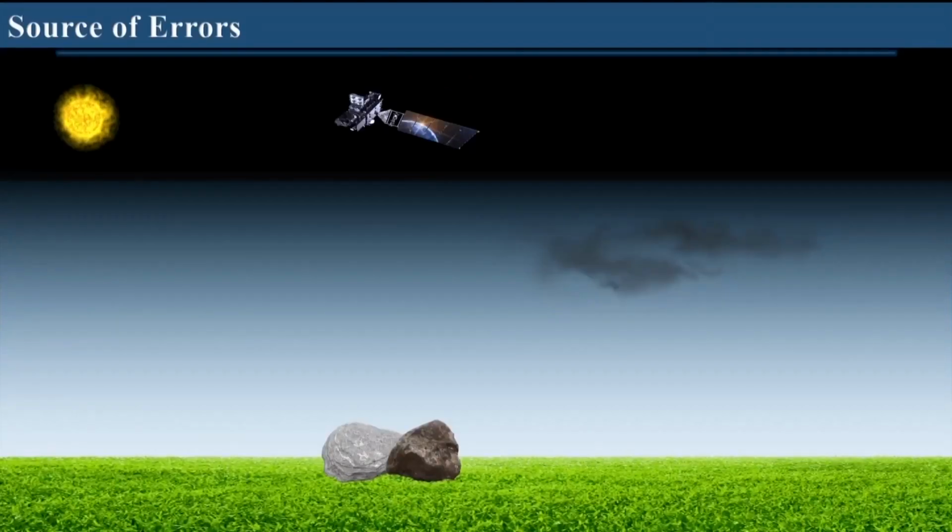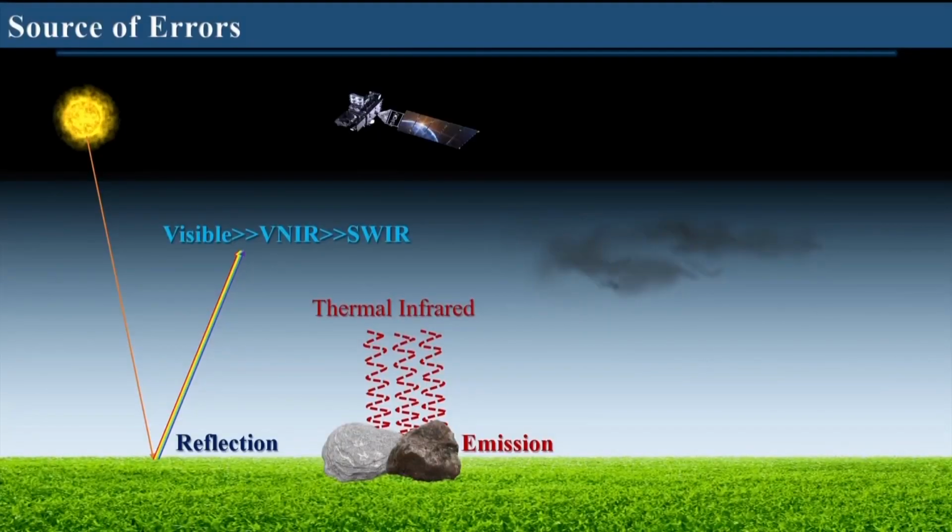If we talk about scattering, shorter wavelengths are affected more by scattering, whereas longer wavelengths are relatively free from scattering, whether reflected or emitted. This is the fundamental.